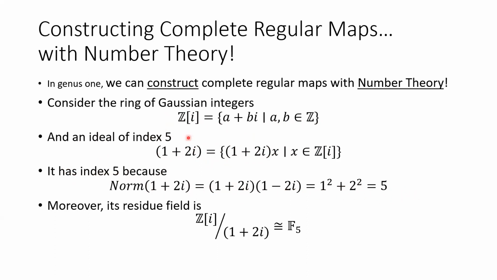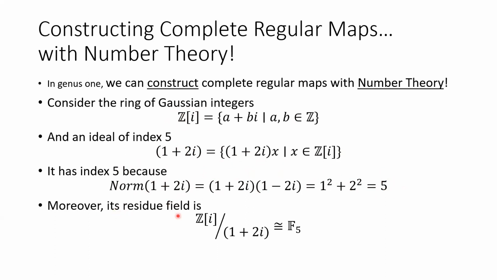A fact from basic algebraic number theory is that the index of an ideal inside of this ring is going to be the norm of the element that's generating this ideal. Here, the norm of this element is 5. So there are going to be 5 cosets of this ideal inside of Z adjoin i.